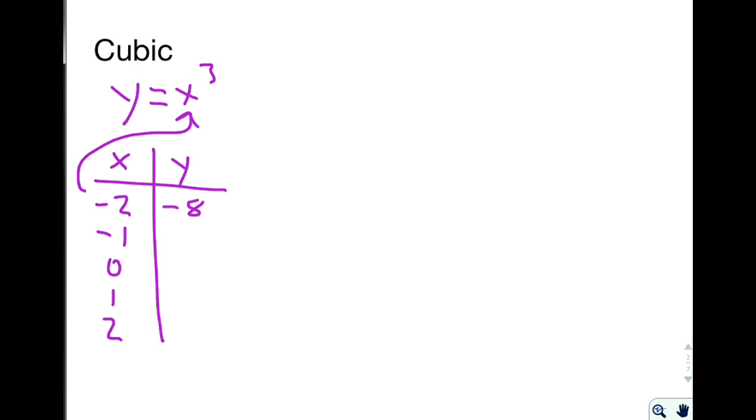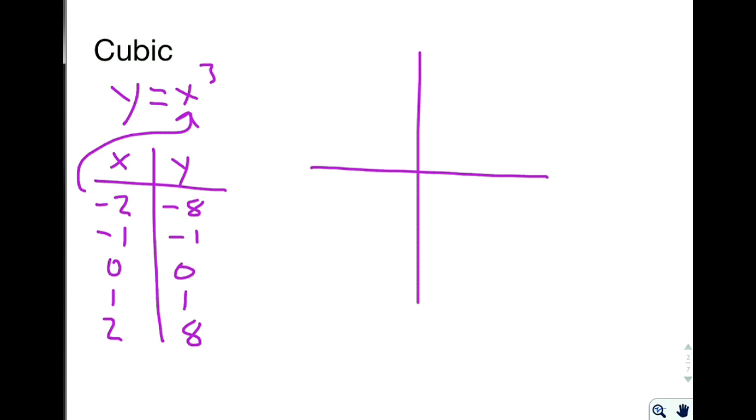So negative x's result in negative y's. -1 times -1 is +1, times -1 is -1. 0 times 0 times 0 is 0, 1 times 1 times 1 is 1, and 2 times 2 times 2 is +8.